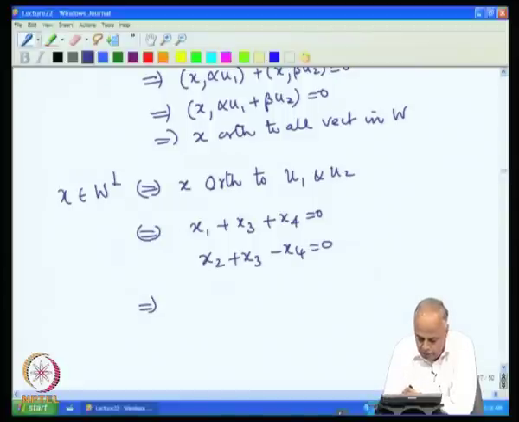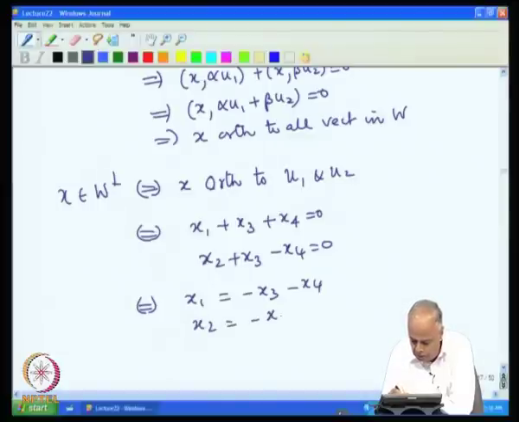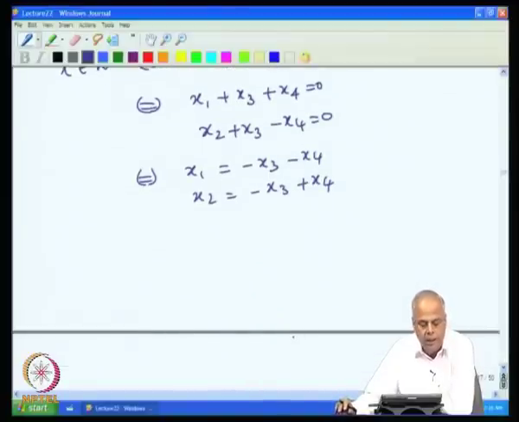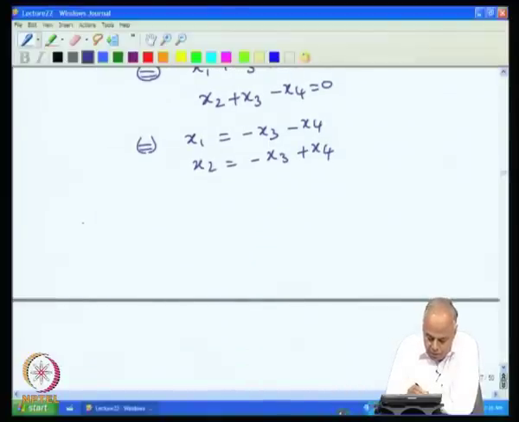Now, the first equation gives me x1 equal to minus x3 minus x4, and the second equation gives me x2 equal to minus x3 plus x4. So, x3 and x4 can be chosen arbitrarily, and then x1 and x2 have to be chosen like this.